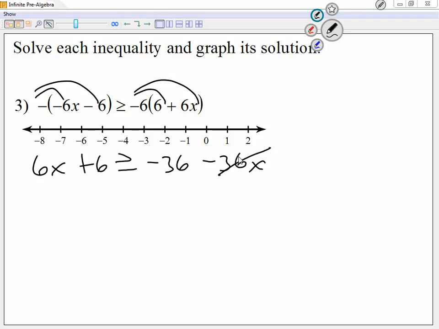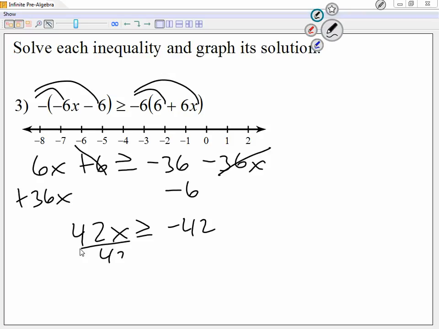So let me move this negative 36x as a positive 36x. Let me move the 6 from the left as a negative 6 on the right. Letters on the left side, numbers on the other. On the left, we have 42x. On the right, we have negative 42. I combine and simplify each side.